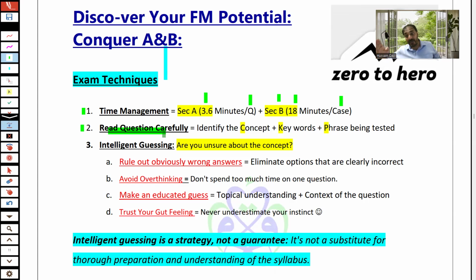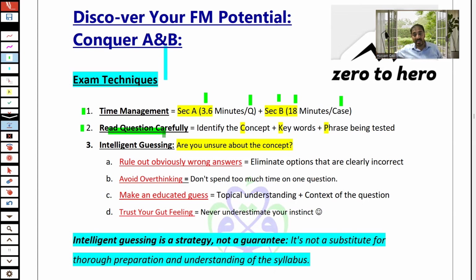Number 3, the phrase being tested. For example, the examiner mentions 5 characteristics, and then asks which 2 of the following are correct. So I repeat: financial derivatives, future contract, that is the concept. Marketable contracts, characteristics, those are the keywords.